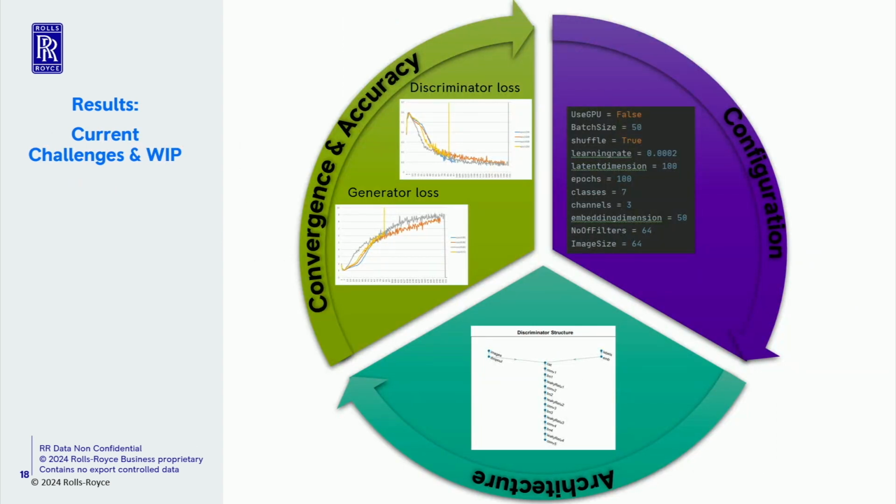So what are the current challenges that we have, or what we are looking forward to in the coming months? There are a few things that we want to address as part of the exercise that we've done till now. When we read through the literature, we wanted to understand how we could improve the performance of these models, or how we could make it better. There are a few things that came into play. One was the architecture.